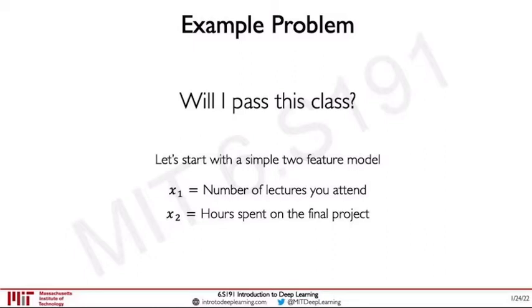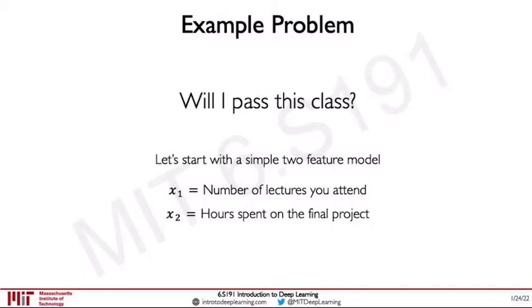Now you identify 2 features that may influence you passing or failing my class. Maybe the first feature we're going to call X1, the number of lectures you attend, and X2, hours spent on the final project.